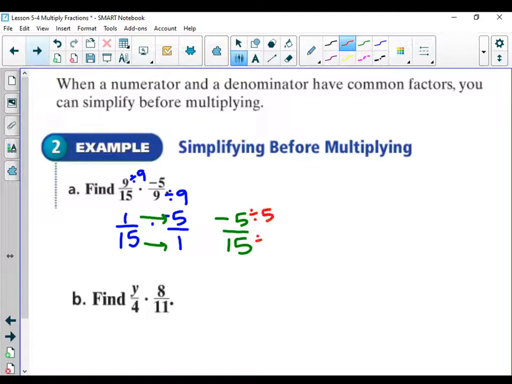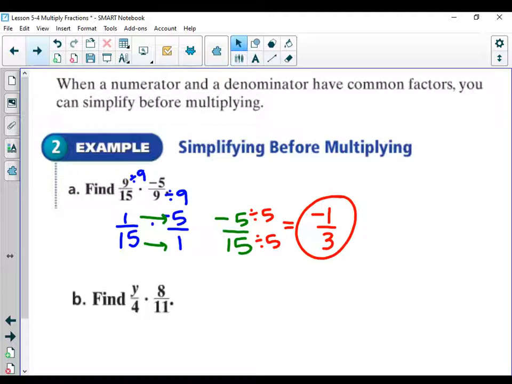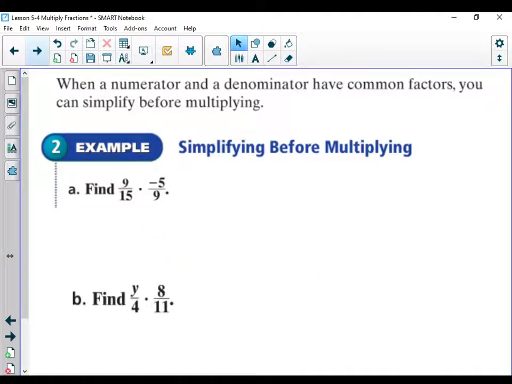Simplify again by 5. This works for any number on the top, any number on the bottom. So some people say, can't I divide by 3 on the top and the bottom? Why, yes, I could.